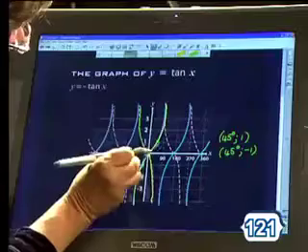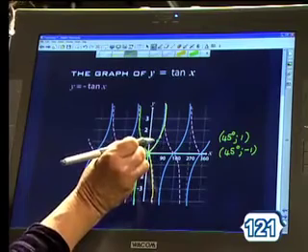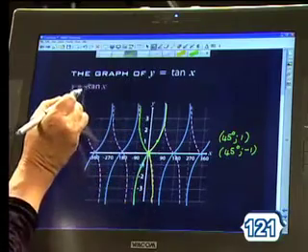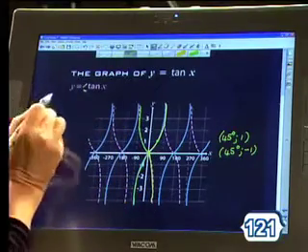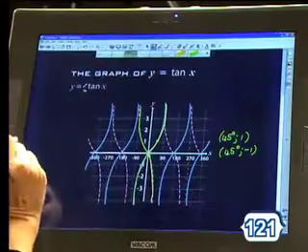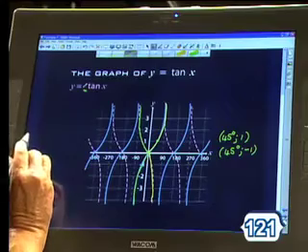So can you see how this has just been reflected across the axis, and so where before it went up to 1, it now goes down to minus 1. So the effect of the minus in this particular graph is just to reflect the graph across the x-axis, which is exactly the same that happened with our sine graph and our cos graph.